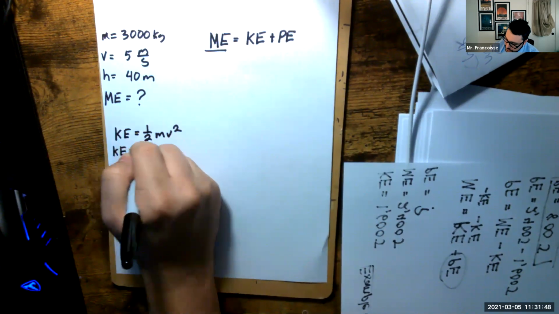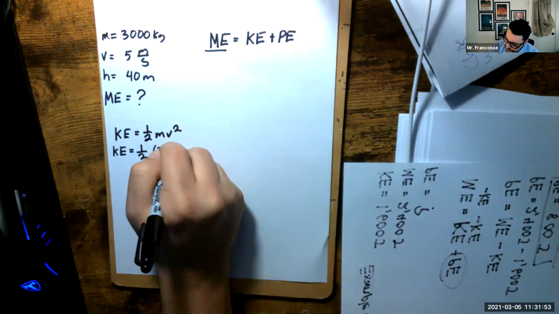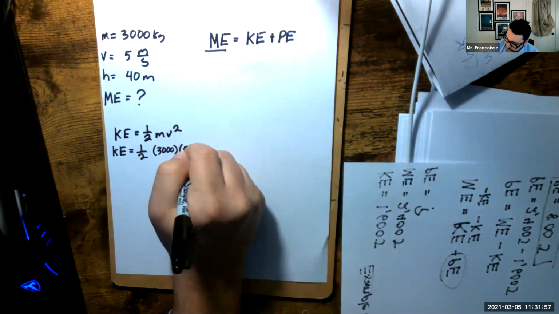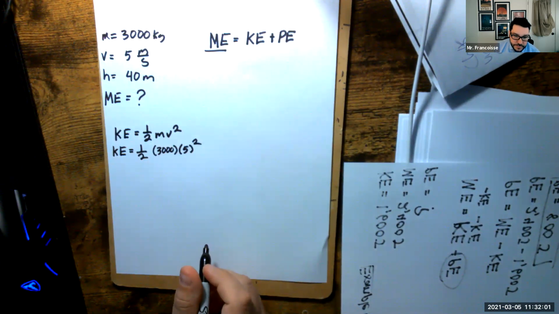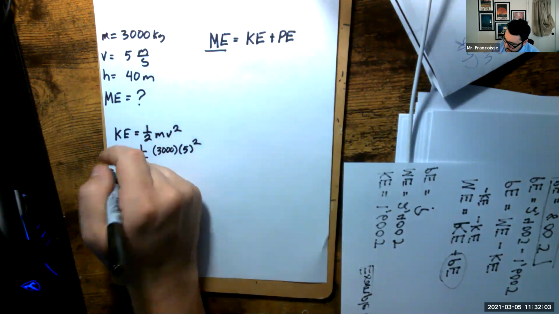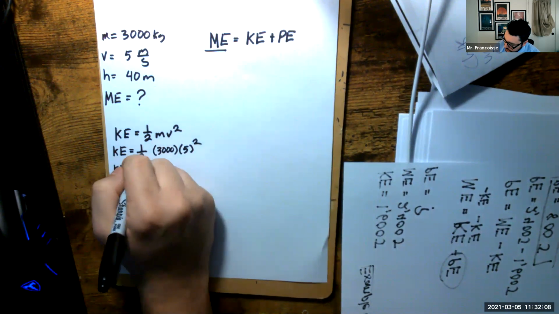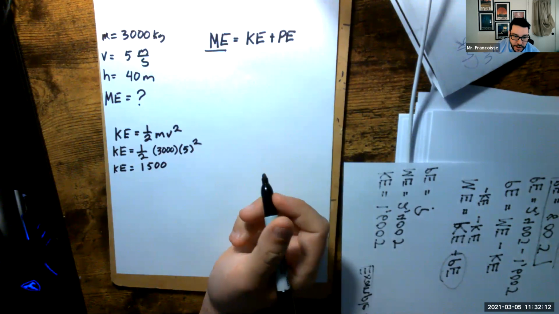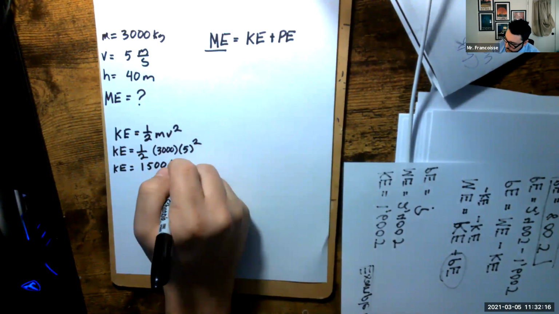So our kinetic energy should be equal to 1/2 of our mass, 3,000, times our velocity, which is 5, squared. So let's simplify a bit. 1/2 of 3,000 is going to be 1,500 times 5 squared, which is 25.